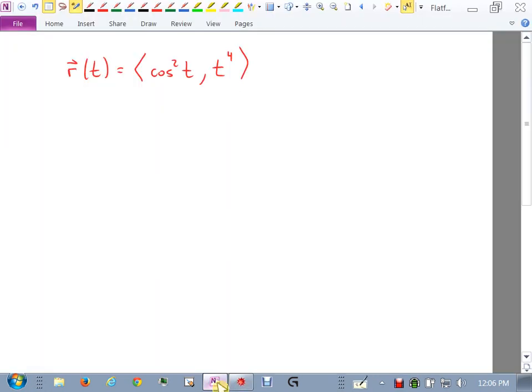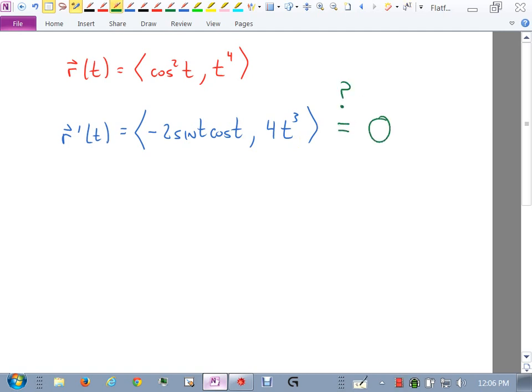Okay, so let's take our derivative. We're going to have to do some chain rule here. That's your derivative of cosine squared t. That's your derivative of t to the 4th. And the question is, is this ever 0?